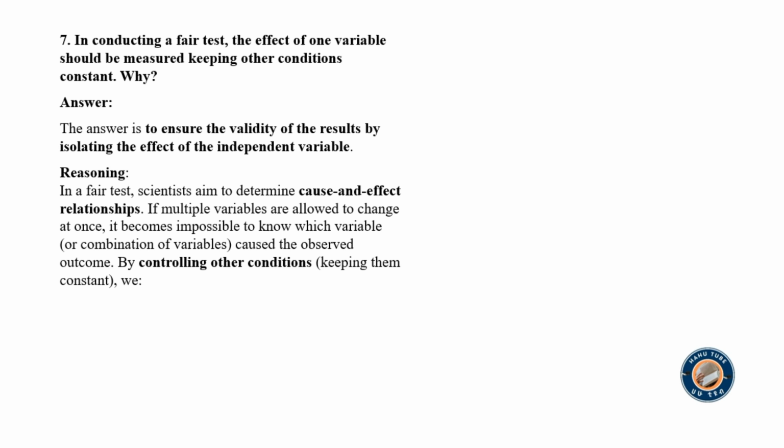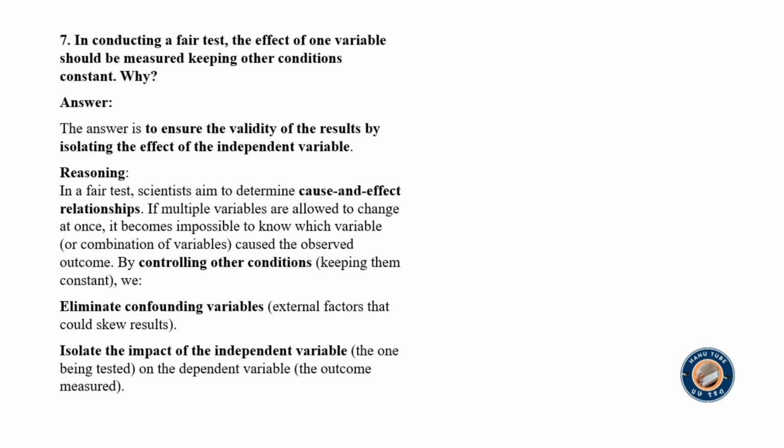caused the observed outcome. By controlling other conditions or keeping them constant, we eliminate confounding variables, which are external factors that could skew results. This isolates the impact of the independent variable, or the one being tested, on the dependent variable, or the outcome measured.